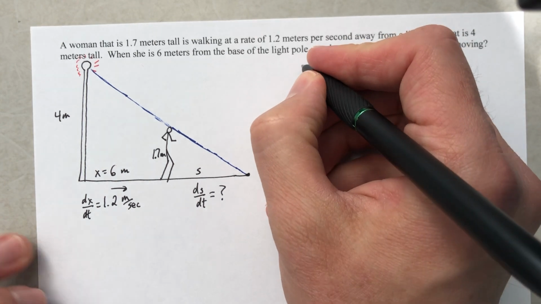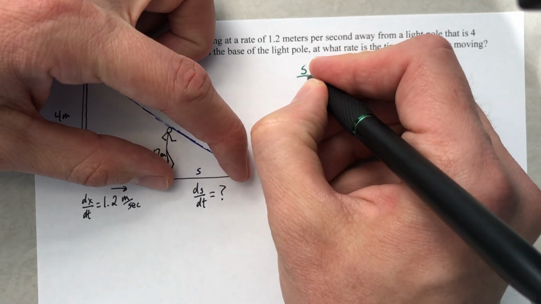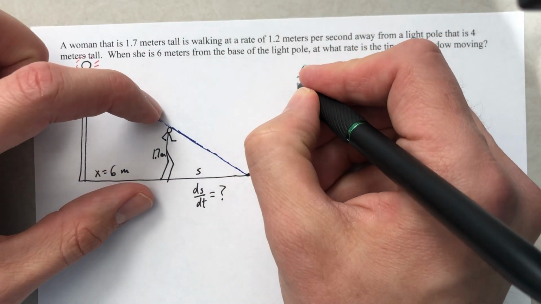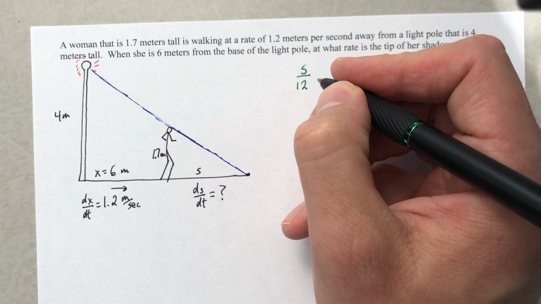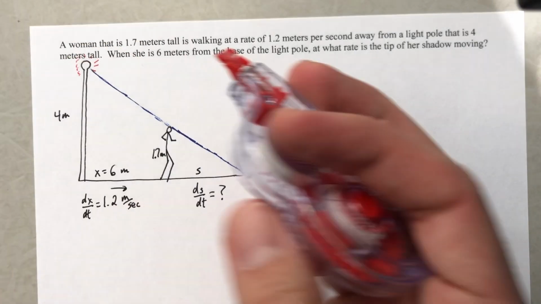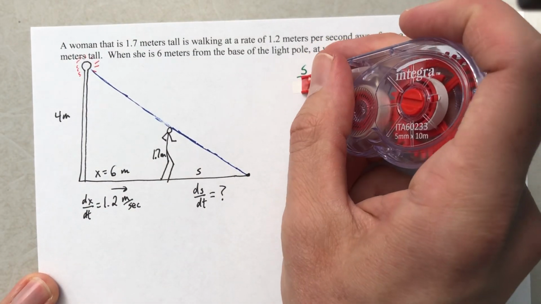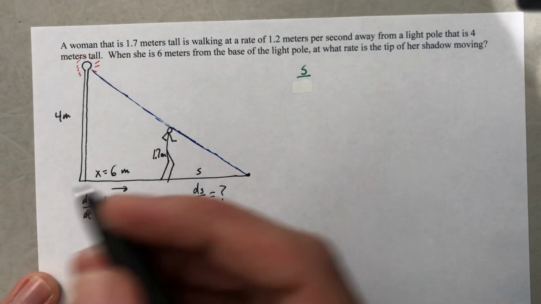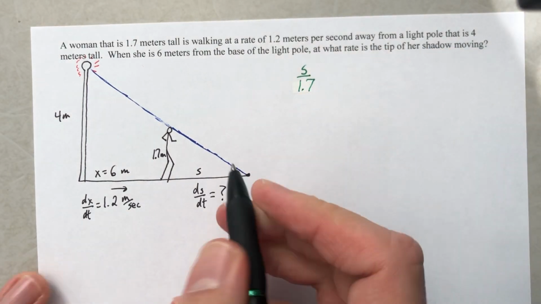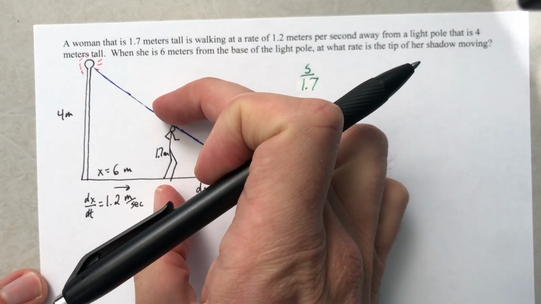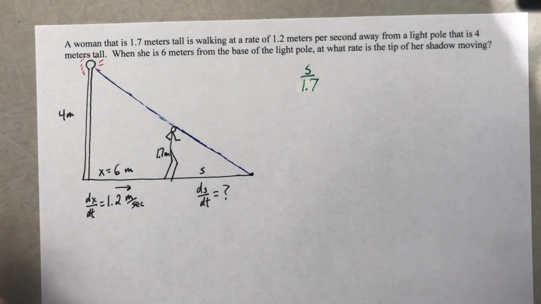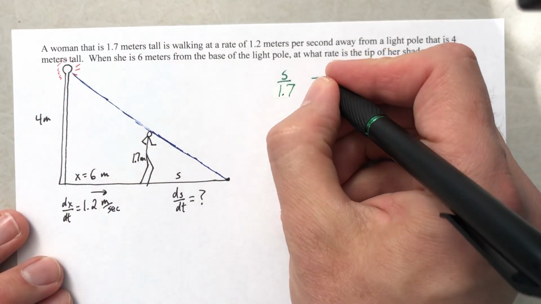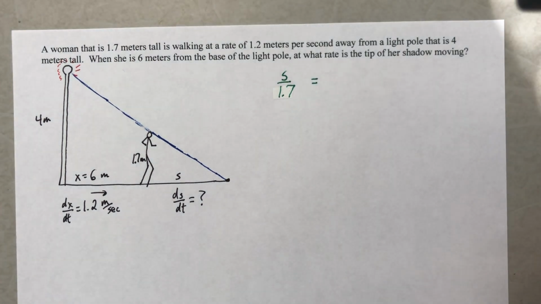So the little triangle is going to be s divided by 1.7. So this distance divided by this distance equals this divided by this. Okay, so back in another math class, probably math 2, you learned about similar triangles, and that basically they are triangles that are proportional.